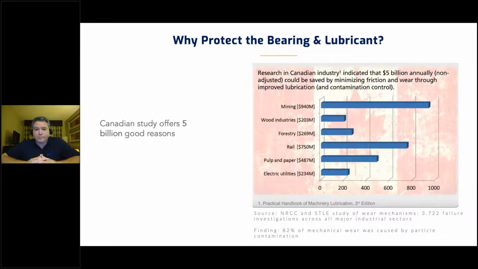The cause of failure being contaminant, misalignment, installation, handling. But you can see they're all a problem. Mining, forestry, pulp and paper, electrical, they all are impacted financially. So they determined $5 billion was lost annually due to lubrication issues.